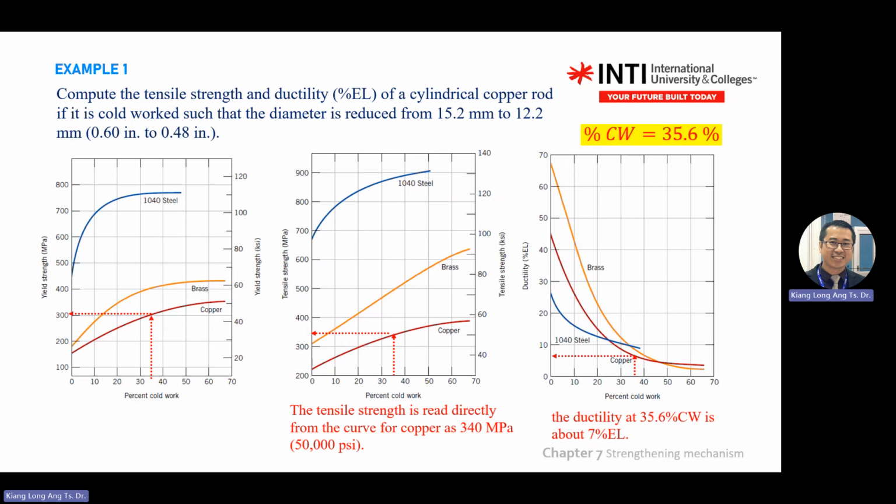Because you have learned how to calculate yield strength, you know how to calculate tensile strength, you know how to calculate elongation. All right, don't confuse cold work with percentage of elongation.